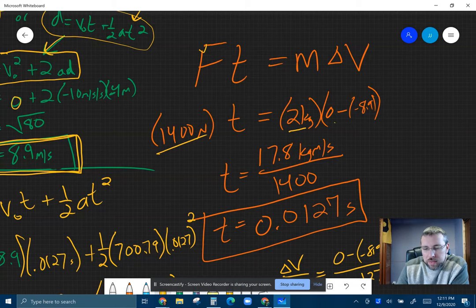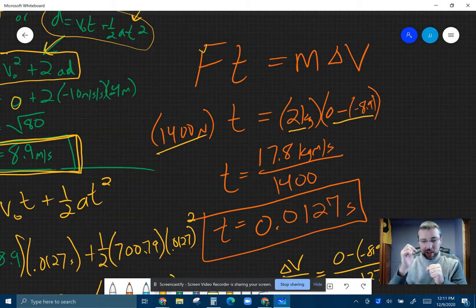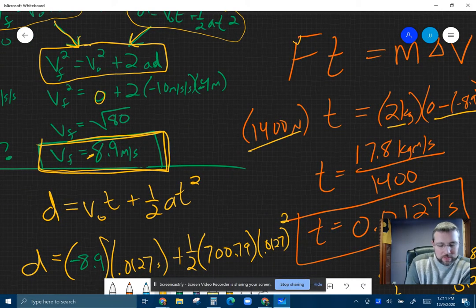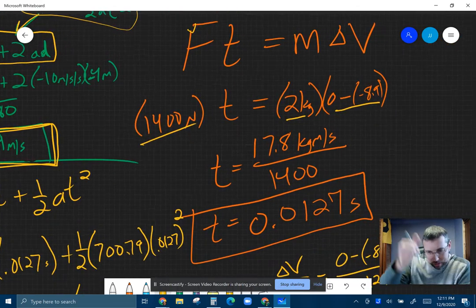Mass of 2 kilograms and a change in velocity. Its final velocity is 0. And the initial velocity here, because the final velocity of the drop is the initial velocity for the crash, that's what it's coming in with, is negative 8.9, that's downwards, right? So this should have been a negative 8.9. No one else pointed that out either. Don't let me get away with this stuff, because it's downwards.